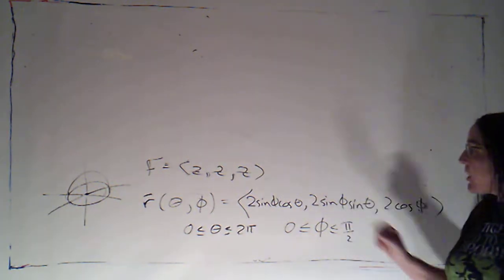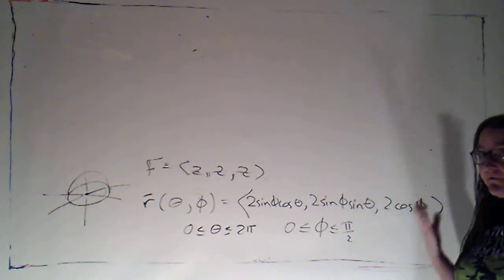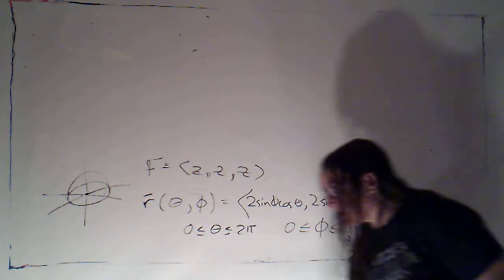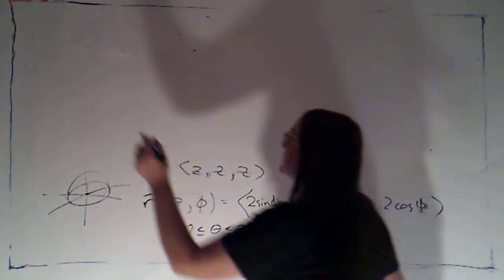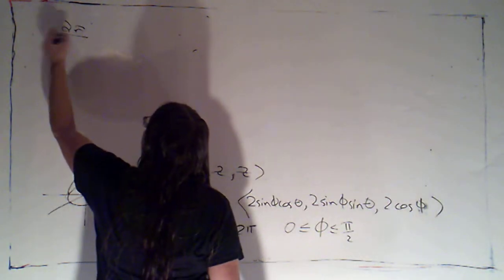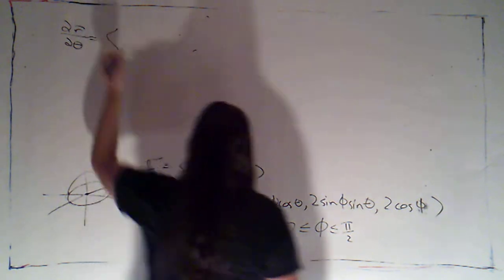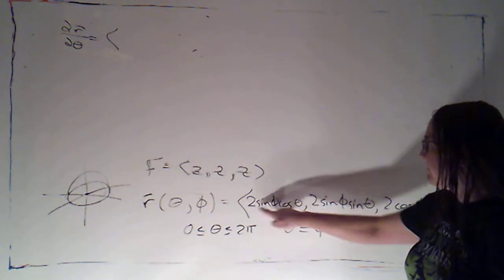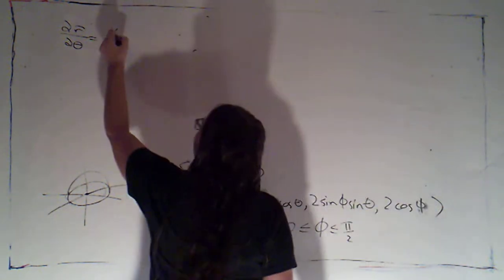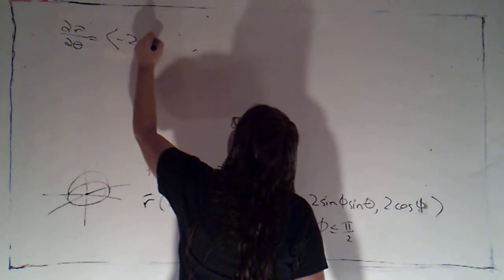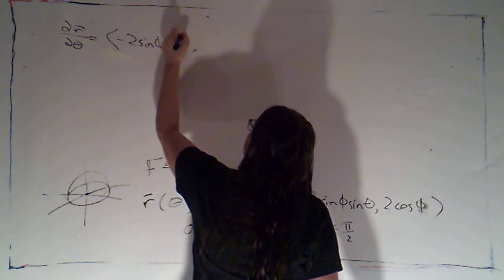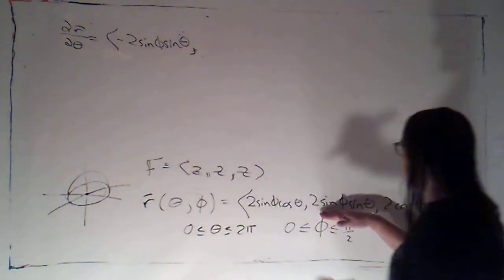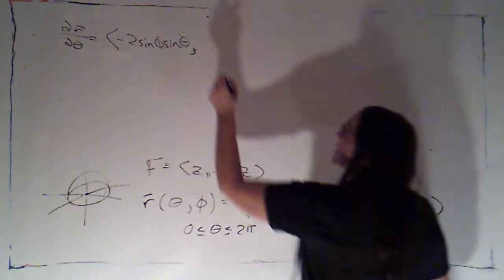When I take the cross product of the partials, I'm going to have to figure out whether that gives me the right orientation or not. So let's find our partials. Del r del theta would be, let's see, 2 sine phi, oh, negative. So negative 2 sine phi sine theta. Then I'll get 2 sine phi cosine theta.